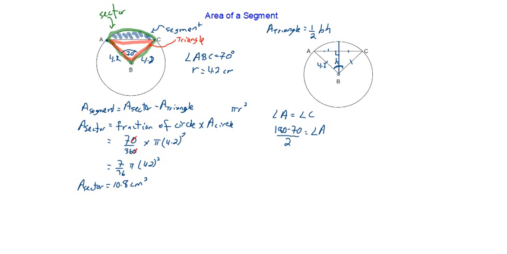So 180 minus 70 is 110. 110 divided by 2 is equal to 55. Whoops. Angle A equals 55 degrees. So now we know this angle up here. We have a side length, we have an angle, we can then use that information to find h.